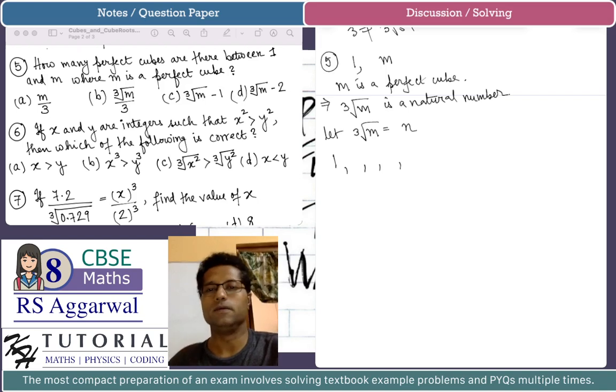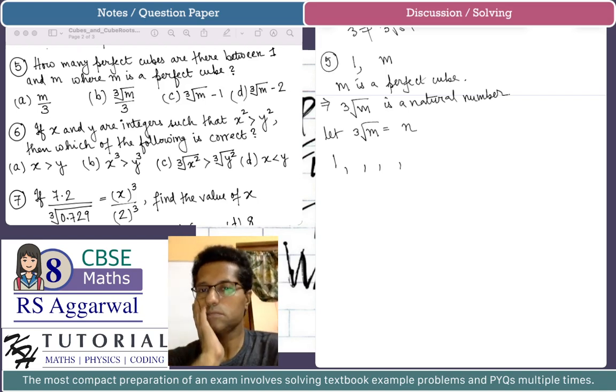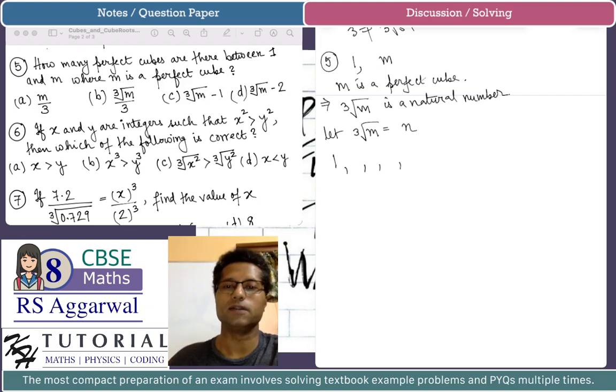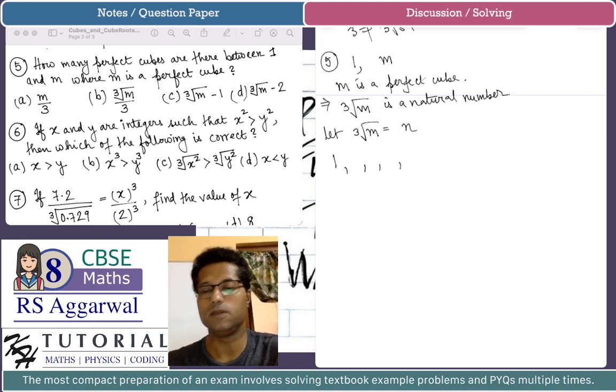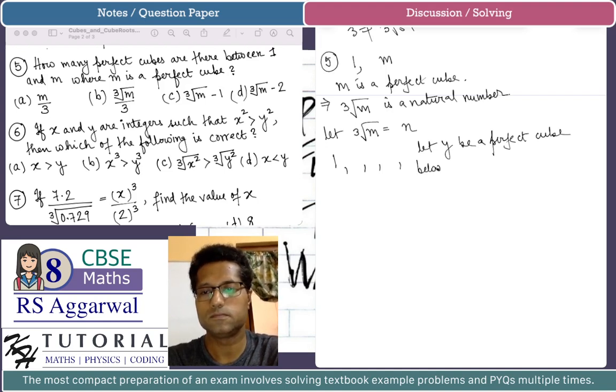Now definitely, all the perfect cubes that are between 1 and m means, let y be a perfect cube between 1 and m.